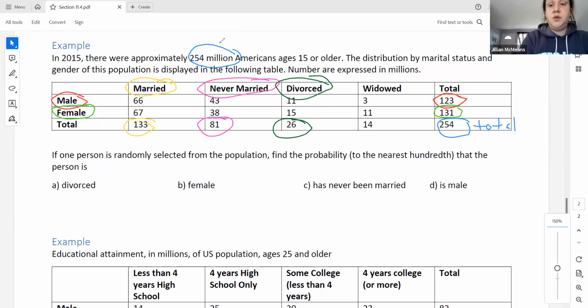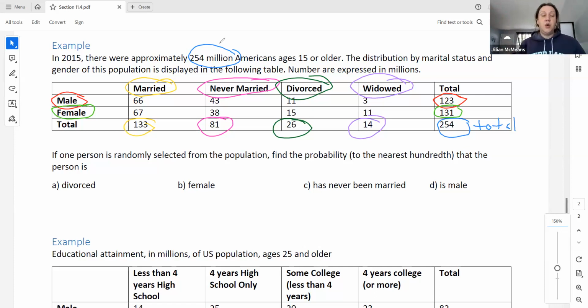And then let's do purple. That would be widowed. You had 14 million. If I add 133, the yellow number, 81, the pink number, 26, the dark green number, and 14, the purple number, that's going to add up to 254 million. So the last column and the last row have to add up to be 254 million. That's how you read this table.